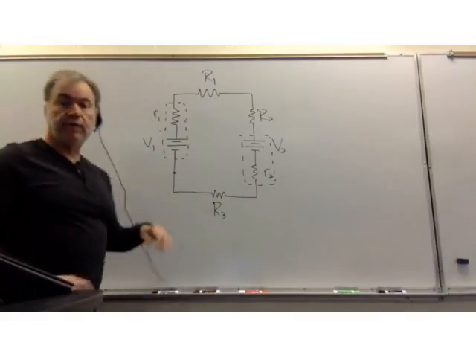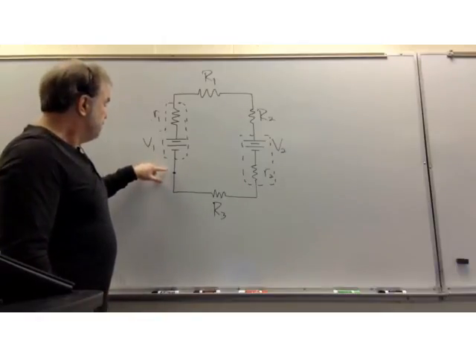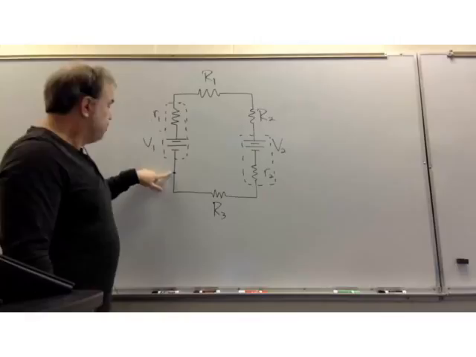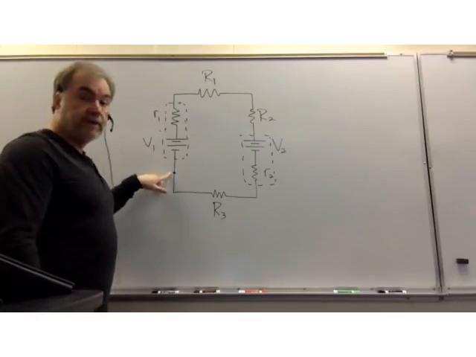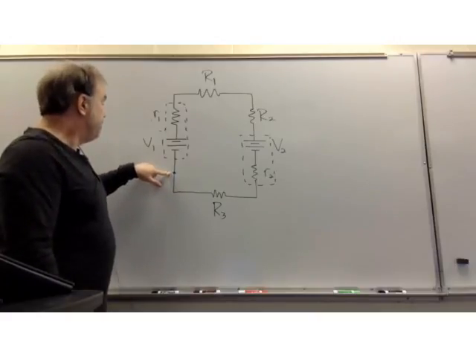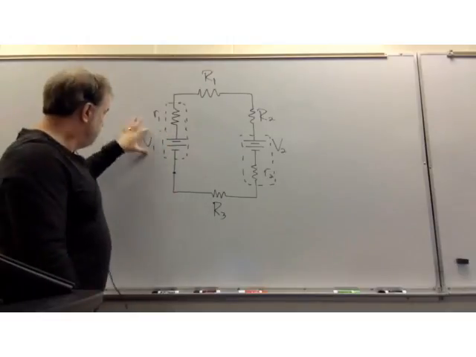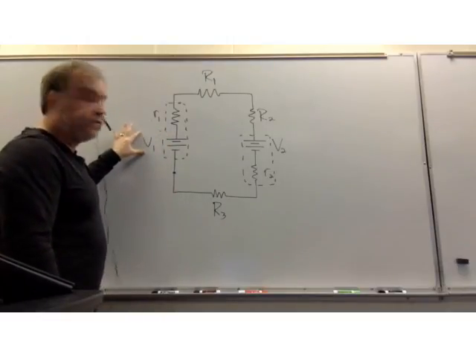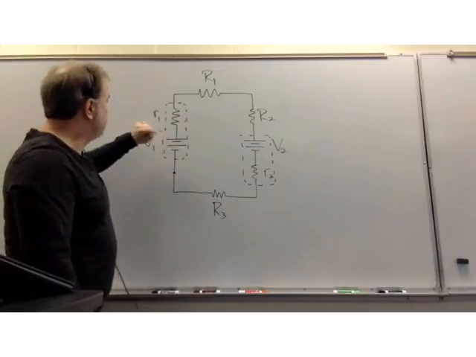Okay, let's think about the physics here. The charge, remember, we're assuming conventional currents here, so this is going to be a positively charged charge carrier. So it goes from a low potential to a high potential, so it gains this much potential, which we're calling V1. So crossing the battery here, it gains potential.